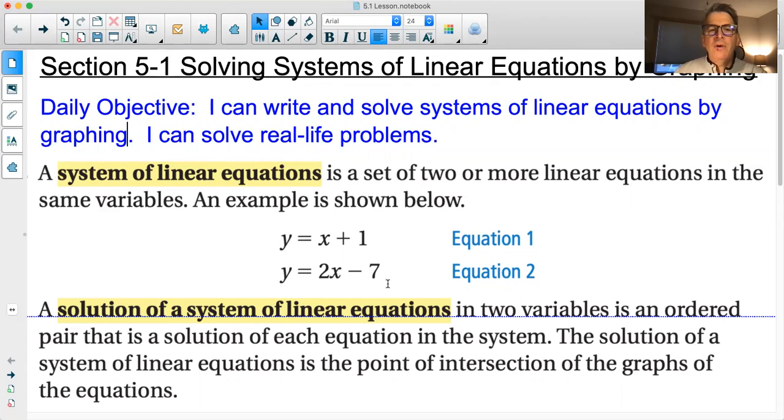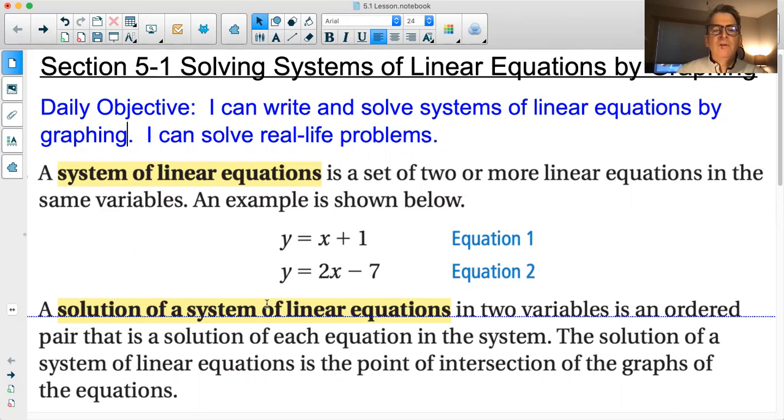Together they are called a system of linear equations. In this class, we are mainly working with two equations working together.